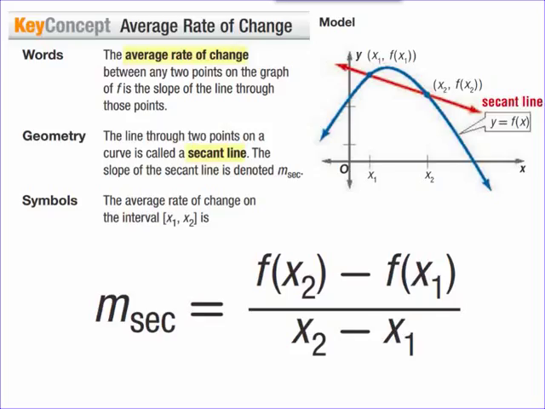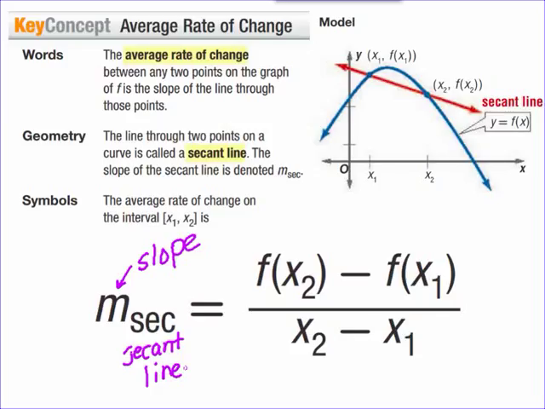So m down here in the formula stands for slope, because you know that m is that abbreviation. SEC stands for secant line. So this is your secant line. You're saying the slope of the secant line equals f of x2 minus f of x1 over x2 minus x1.